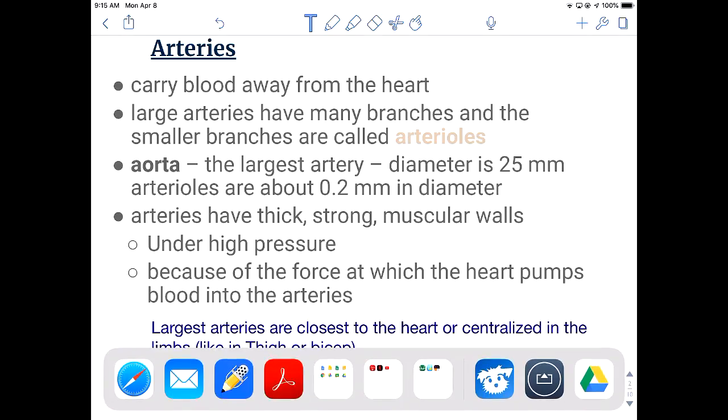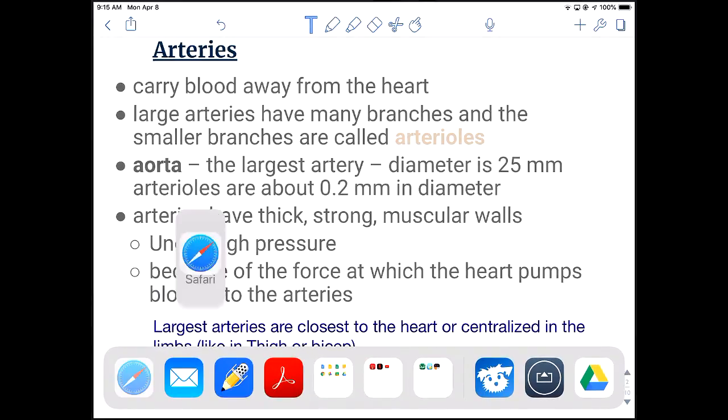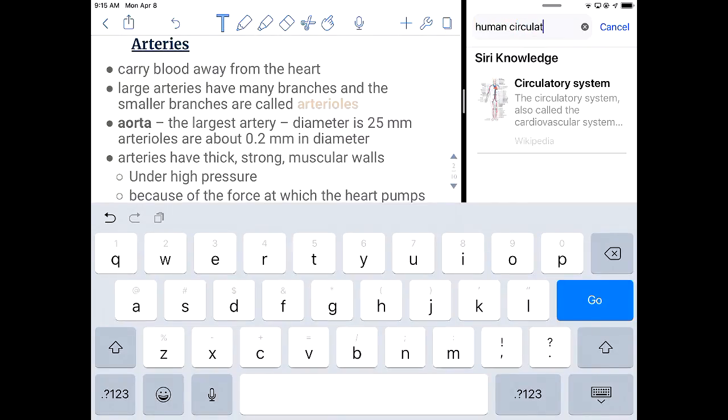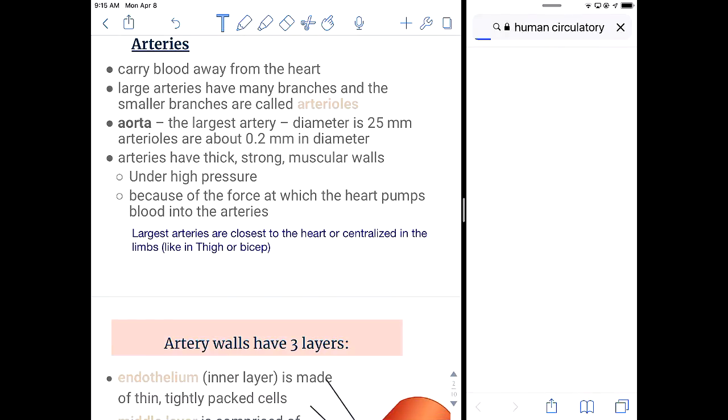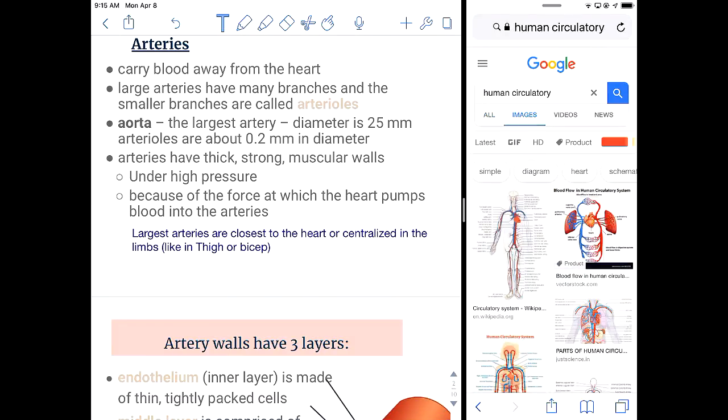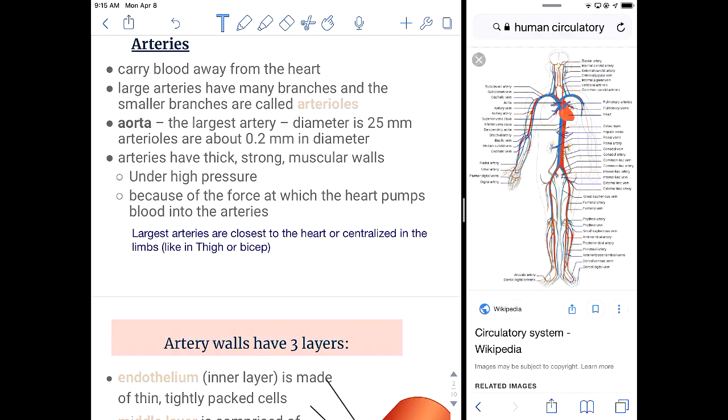Let's pull up a quick picture here of the human circulatory system. So let's just look here.